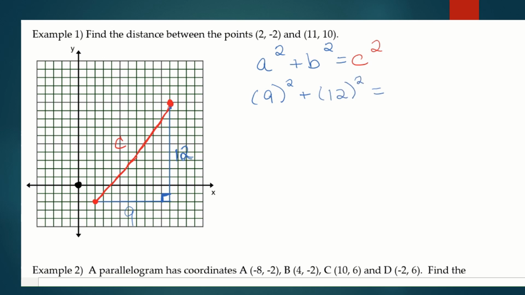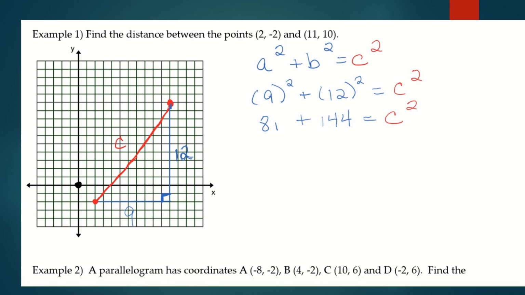That's totally fine. I typically just start with the smaller of the 2 legs as my first value or my a value. Okay, now simplifying, 9 squared, 9 times 9 is 81, plus 12 squared, 12 times 12 is 144, still equals that c squared.